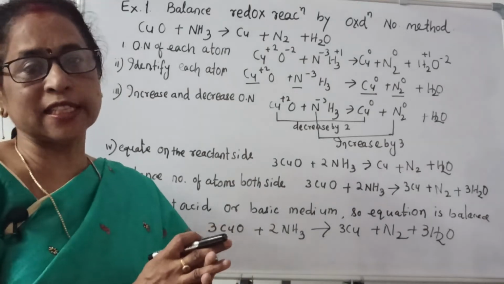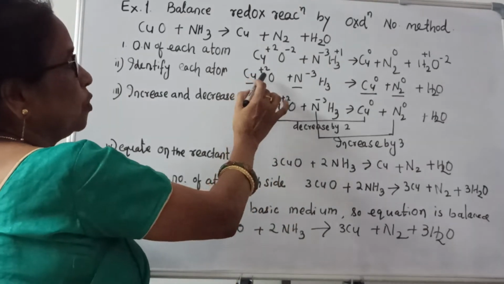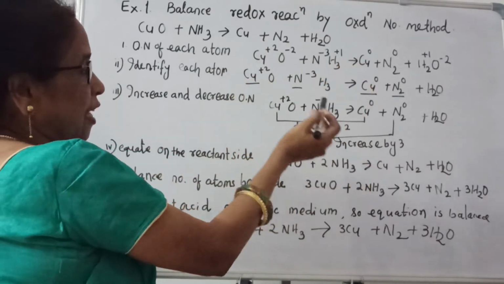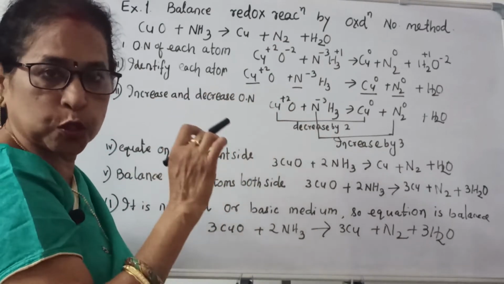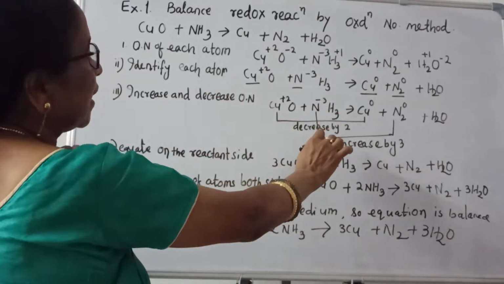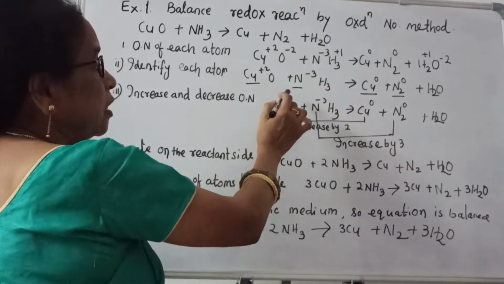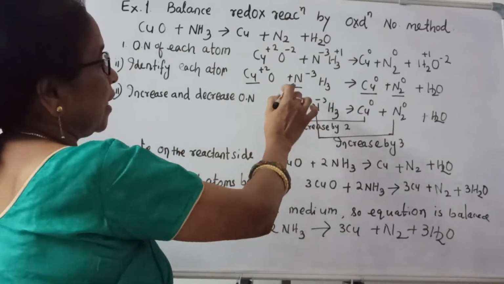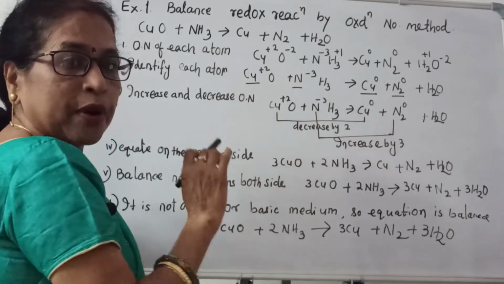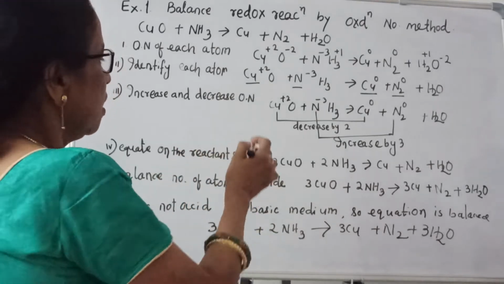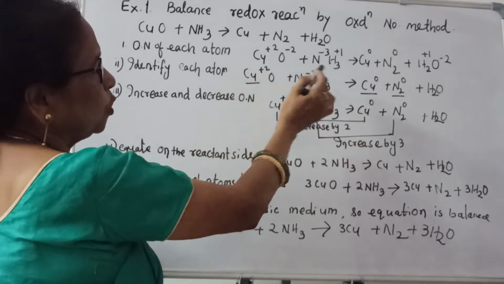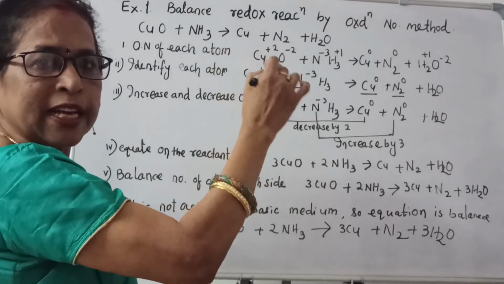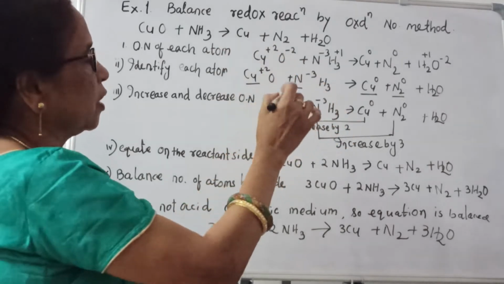the atoms of the elements copper and nitrogen, are the only ones that change. Cu plus 2 changes to Cu 0. That means on the reactant side it is plus 2 and on the product side it is 0. Similarly, nitrogen is minus 3 and on the product side it is 0. Plus 2 to 0 means a decrease in oxidation number.